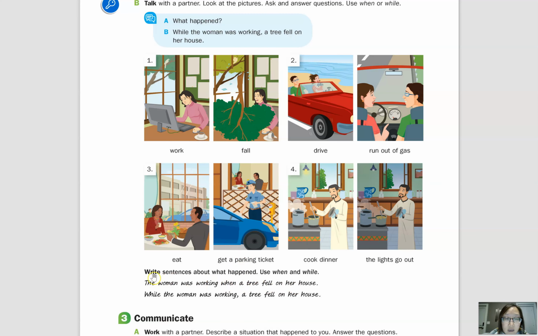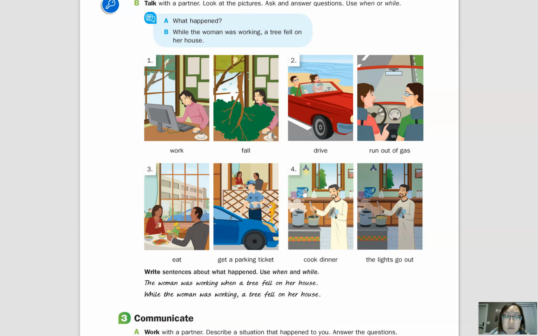So we can say, the woman was working when a tree fell on her house. Okay, so both of these sentences are good options, or they are possible answers. So practice making sentences with both the when clause and the while clause for each set of pictures.